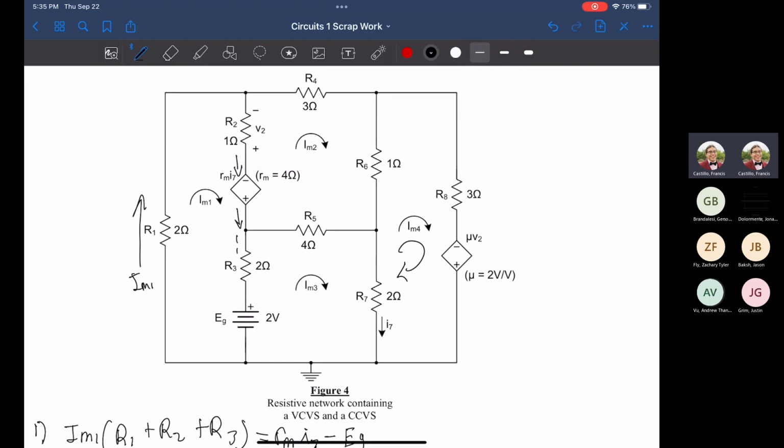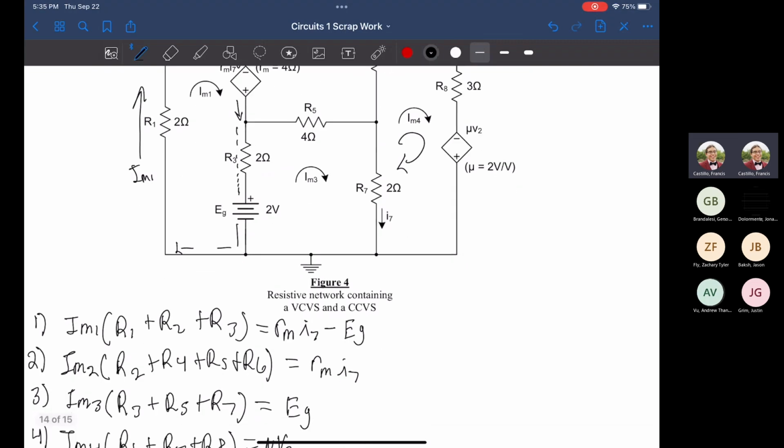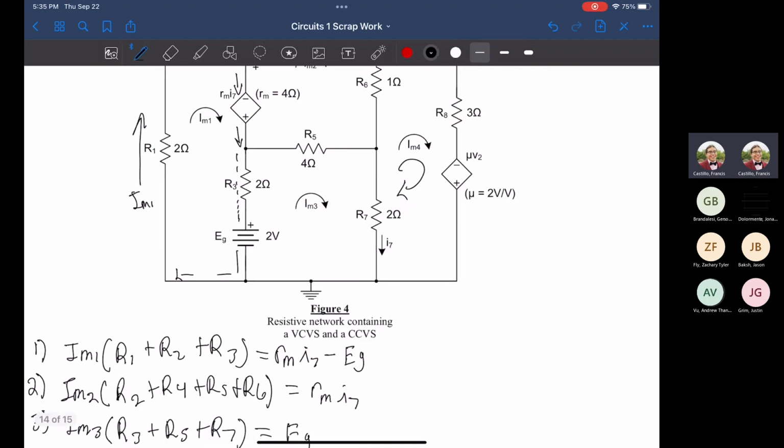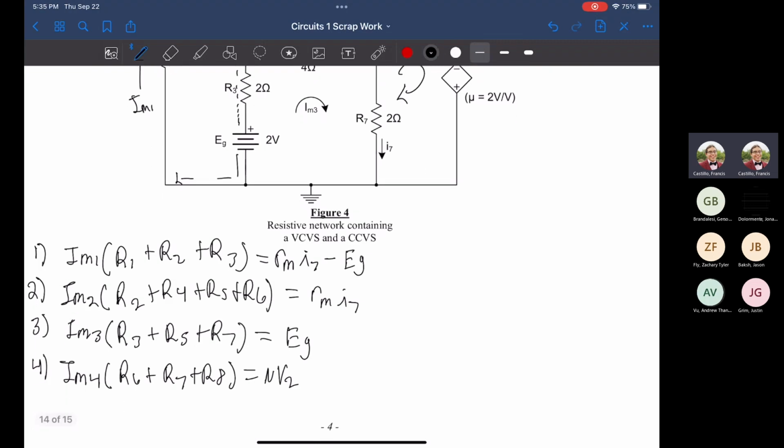If we apply the same thing going down to EG, our current was flowing into the positive side of our voltage source, meaning it went against our convention, so we have to subtract that from RM I7. RM is just some value, it's just 4, so really it's just going to be 4 I7, and I'll write that in later. But these are the main equations I wanted to write down first, okay?